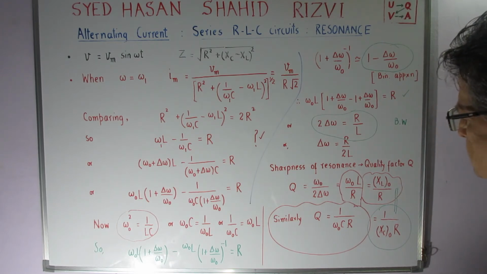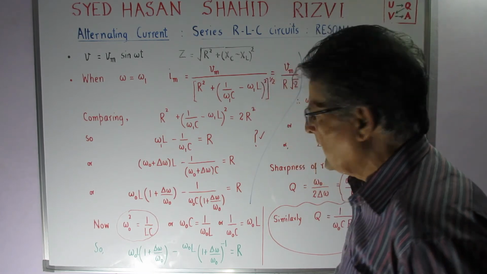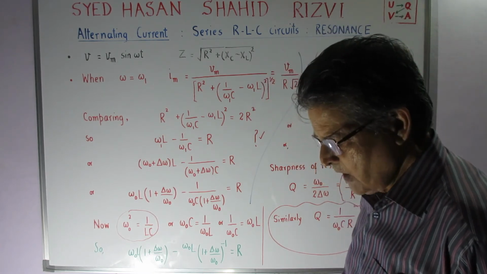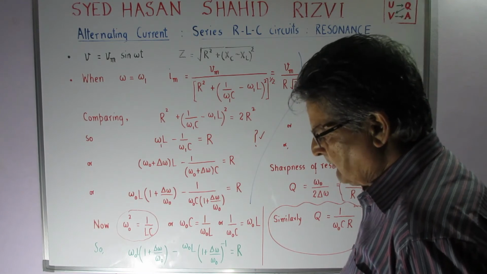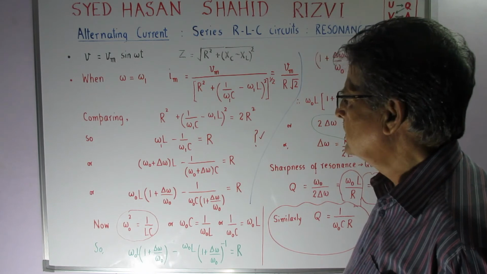Now, one thing: the resonance will be obtained only when L and C both are present. The R will be a deciding factor, of course, for the current.